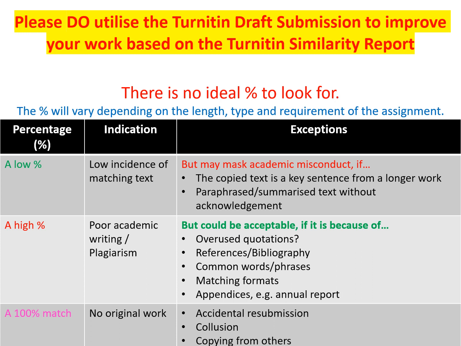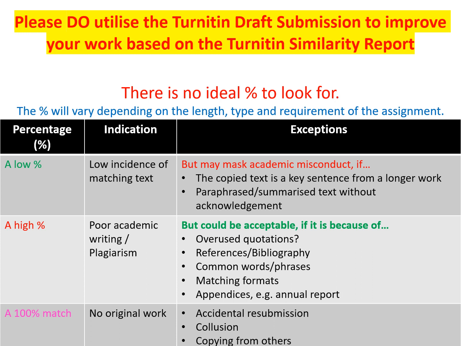And also it is important for you to note, a low percentage does not necessarily mean your work is perfect and no need to make improvement. So you still have to go into the originality report and run through the report itself to see where you may not have accurately referenced or quoted, and then you may need to better paraphrase and make changes.